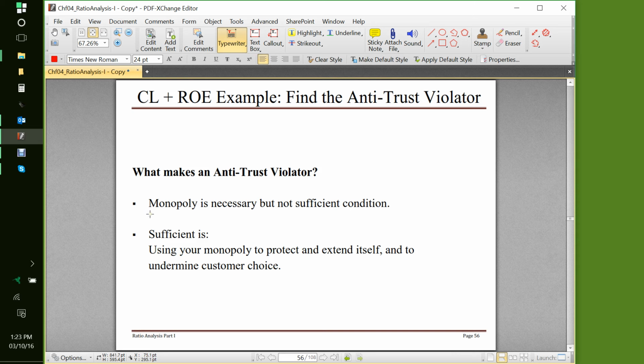So you can legally be a monopolist in this country, which is kind of interesting. But to be an antitrust violator, you need to be a monopoly and to use it to protect and extend yourself and to undermine consumer or customer choice. Okay, that's kind of interesting.